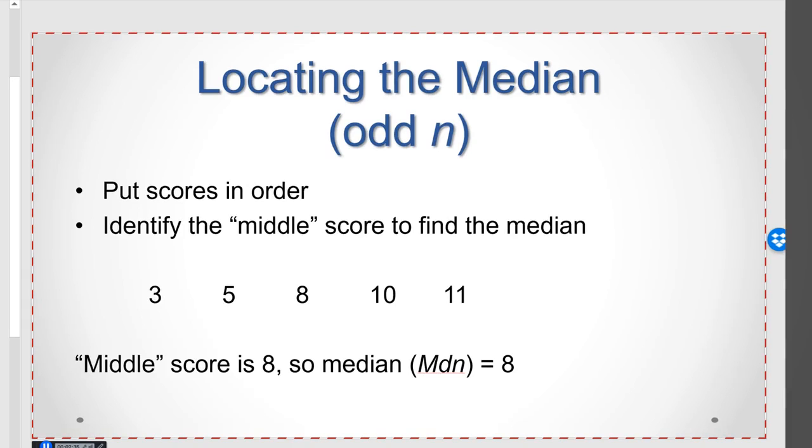It divides this data set exactly in half, where two data values are below 8 and two data values are above 8. So our middle score is 8. So the median is equal to 8.